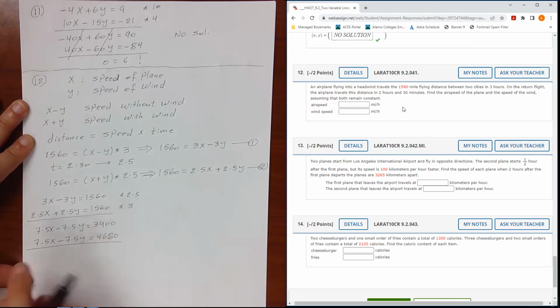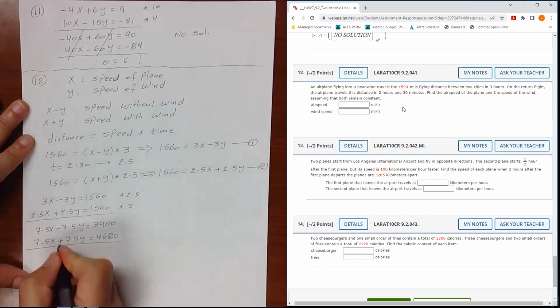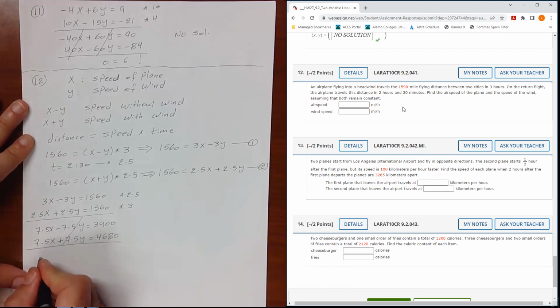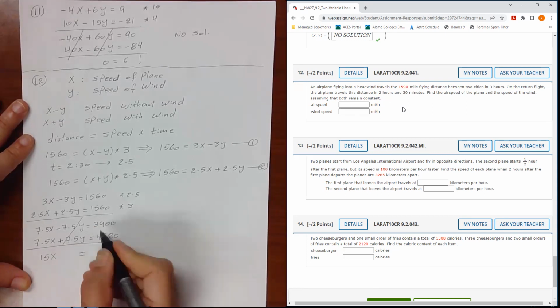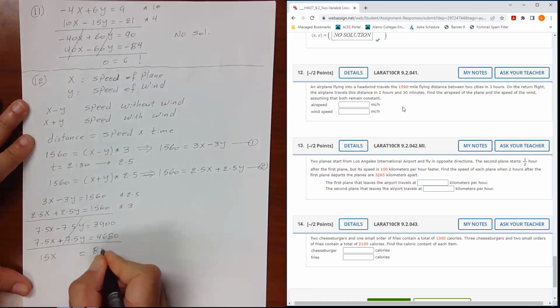Cancel these, this is negative and this one is positive. Now 7.5 plus 7.5 is going to be 15x equal 3900 plus 4680, you're going to add it, so it's going to be 8580.